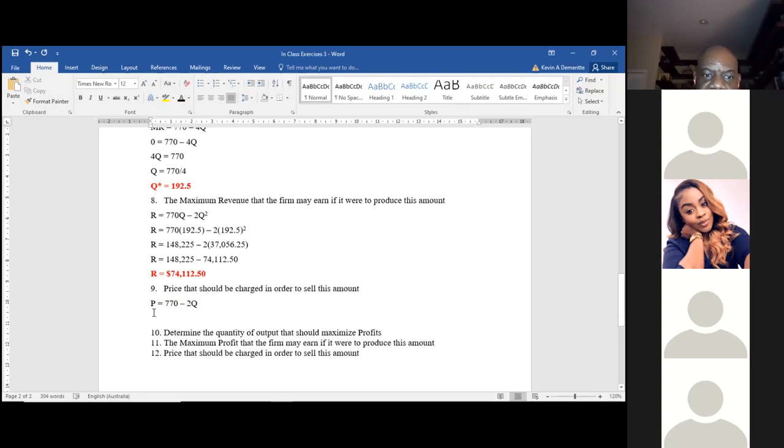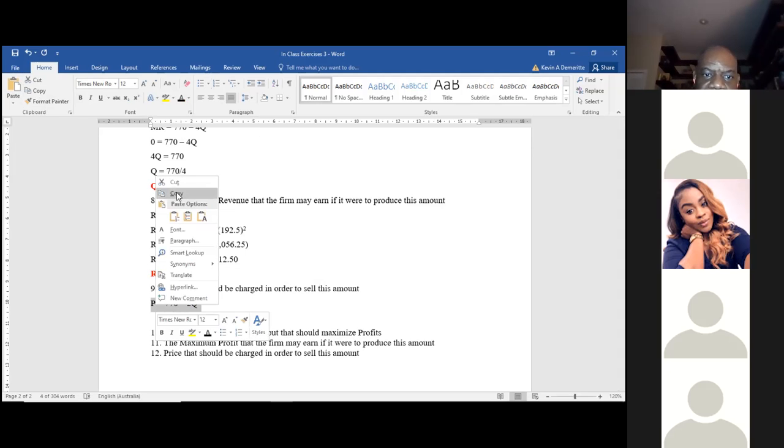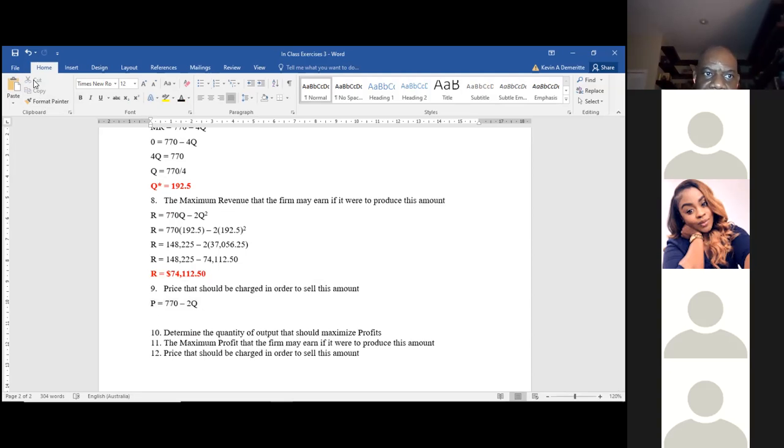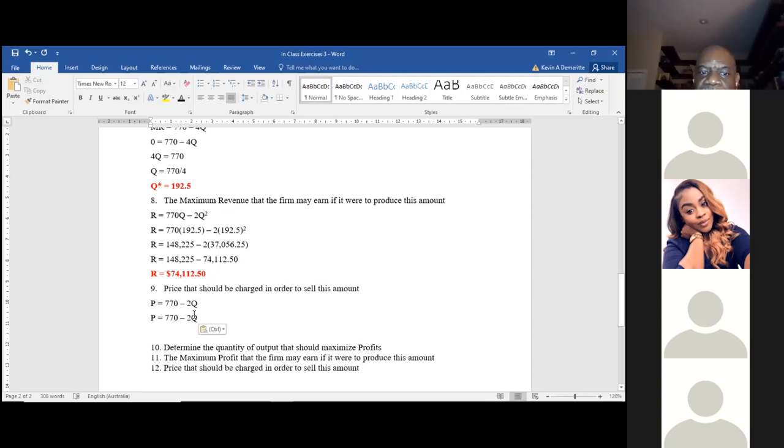Copy it again. Paste. All right. So then, what do we do? We take the Q, and we put the 192.5 where we saw the Q. That was what you guys were saying? Yes. Did I hear some contradiction? No? All right, okay, then fine, let me copy that.